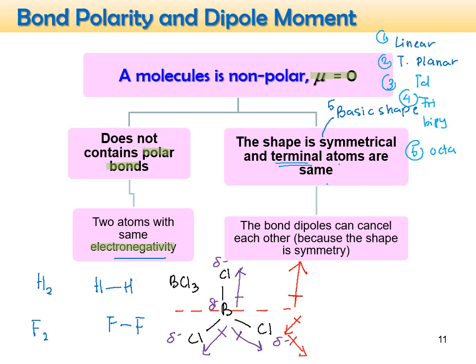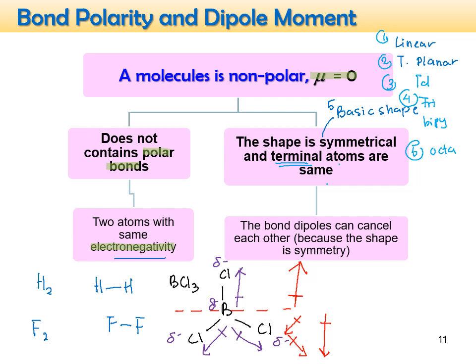So the sum of these two ataupun resultant akan dapat this resultant dipole pointing towards down bahagian, kalau in 3D it's not bahagian bawah lah, it's the opposite side. Okay, imagine this in planar.